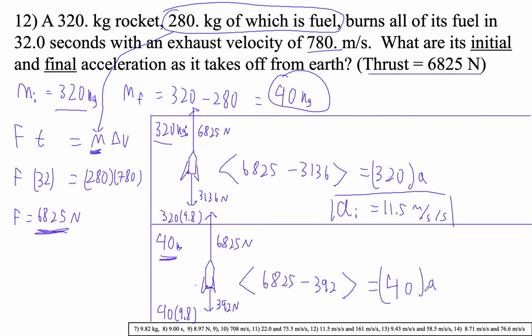I get 6433, and then if I divide that by 40, I get, holy cow, 160.825. Okay, don't ride this rocket, evidently. Like, whoa, baby. That's about 161 meters per second squared. That's crazy.